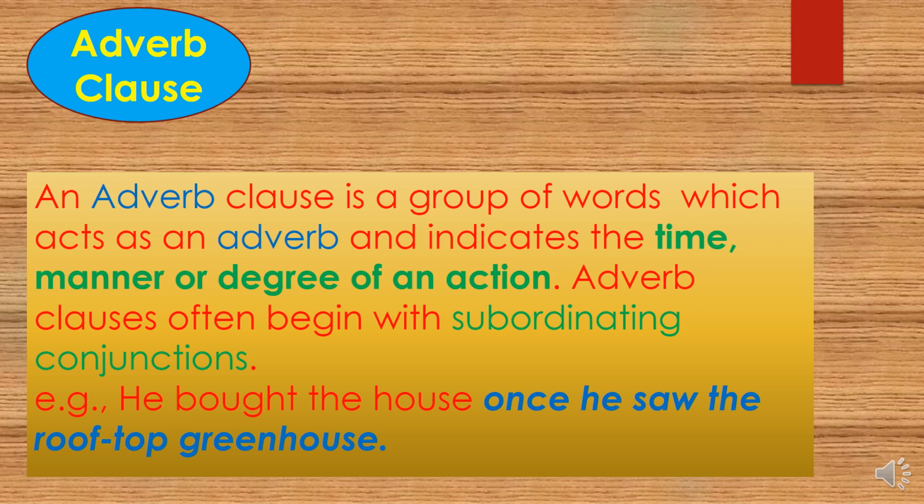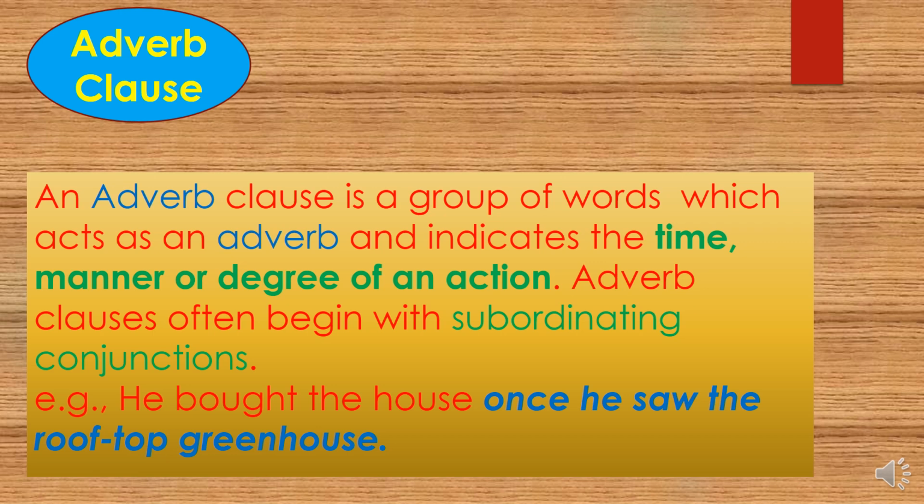And here the conjunction once is used, so it is the adverb clause. Wherever these conjunctions are there, you will always call it the adverb clause. And wherever it is working as an adverb, here it is not a noun because it can't be replaced with it, because here we don't have the object.